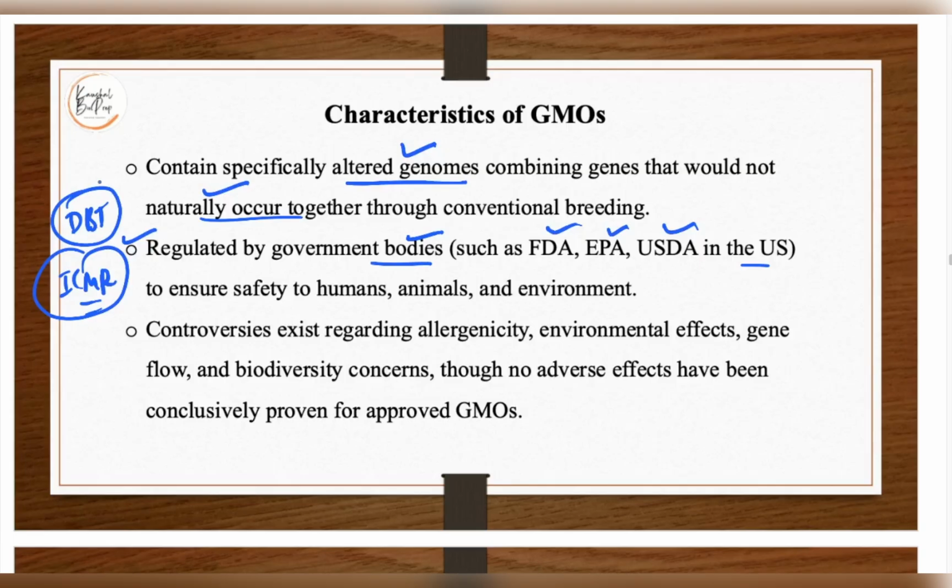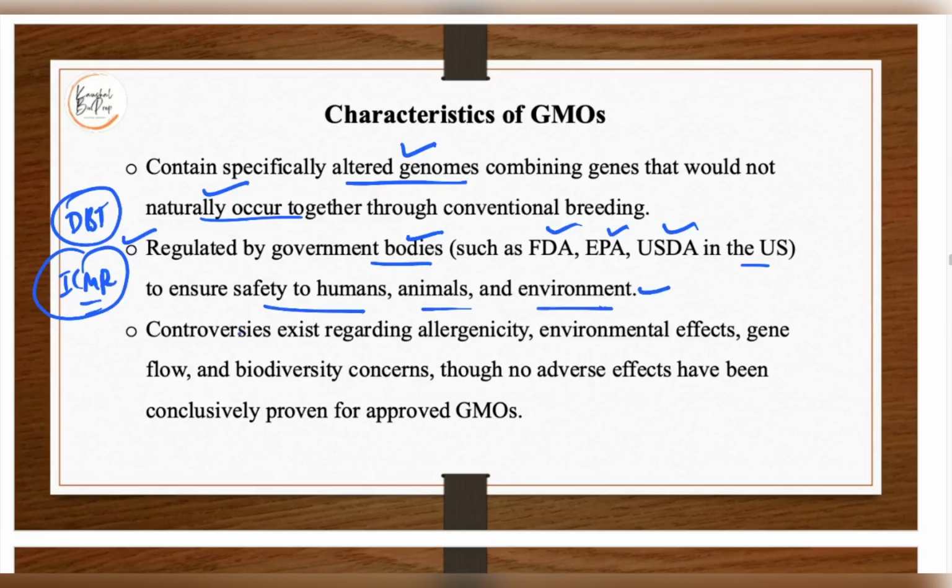So there are rules and regulations over these, because this is a kind of science which can be used in a negative way. So there is a whole government body which is regulating all these genetically modified organisms to ensure the safety of human beings, animals, and also the environment.